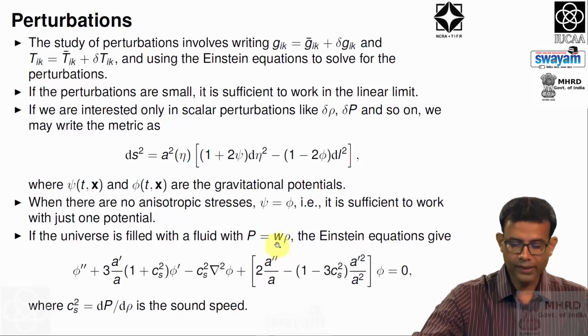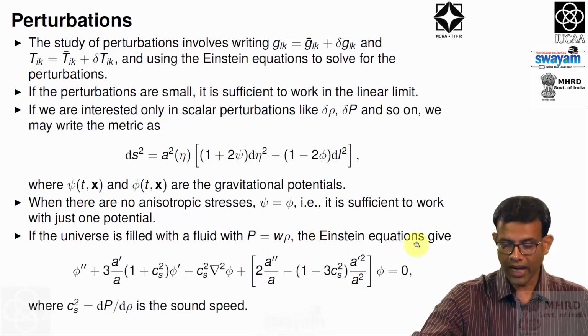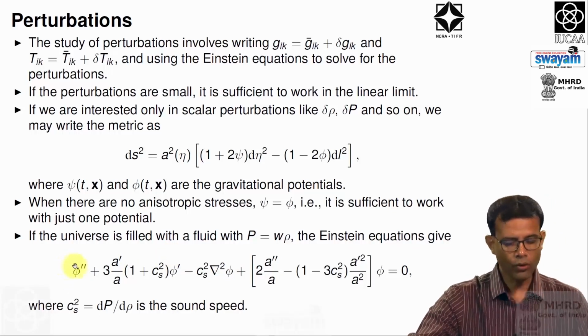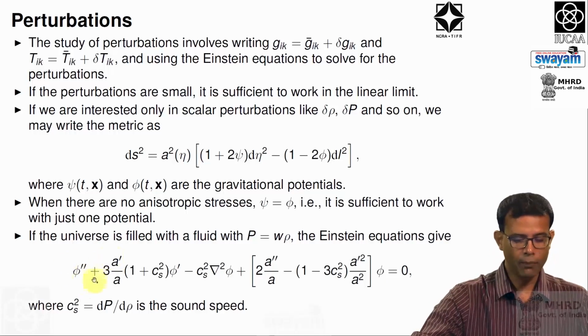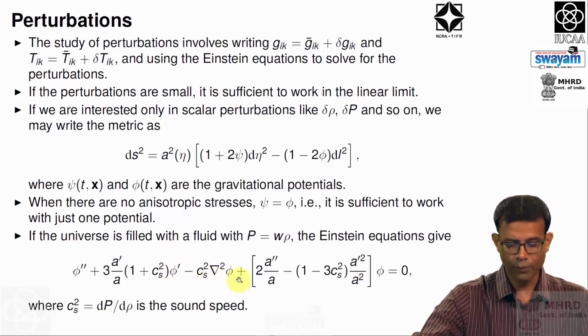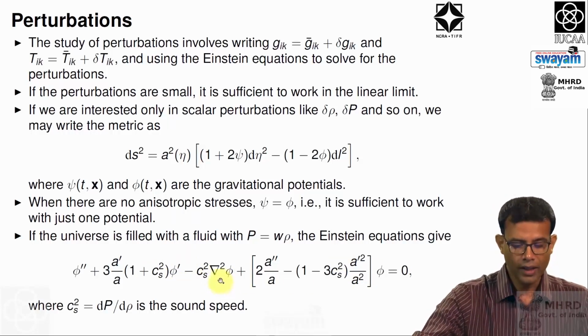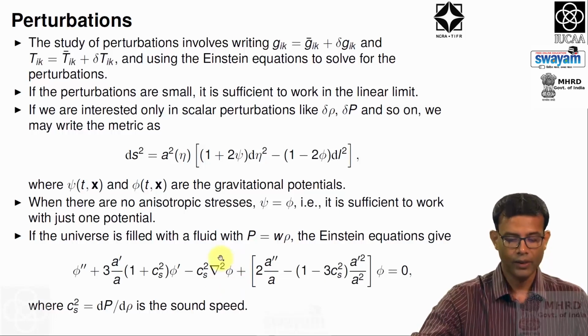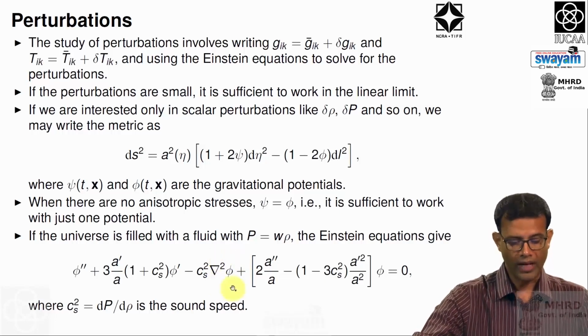Then you can work out the Einstein equation, which essentially would be a differential equation for phi, and that would look like this. There is a phi double derivative term, a first derivative term phi prime, terms proportional to phi, and of course del square of phi. These are the spatial derivatives of phi.